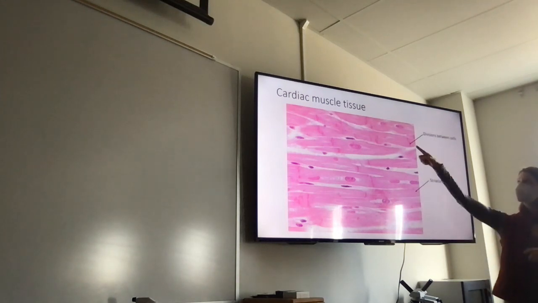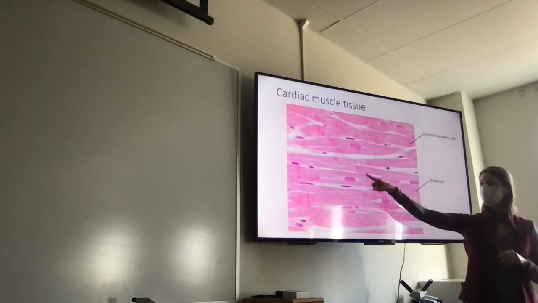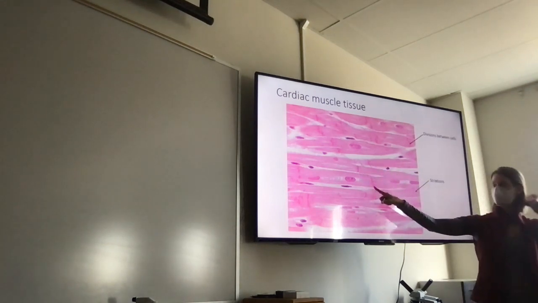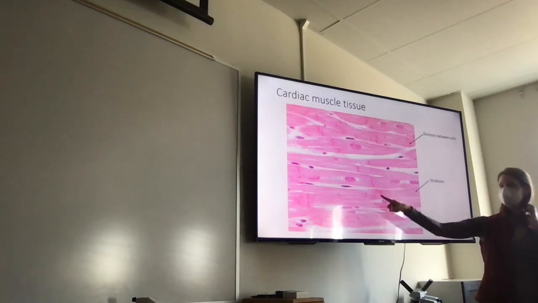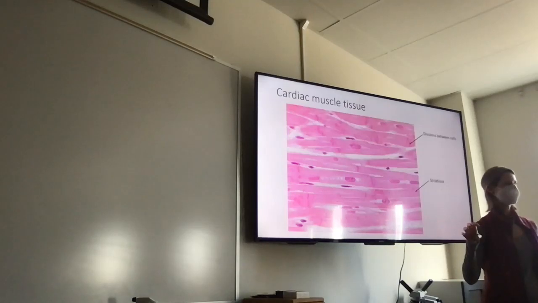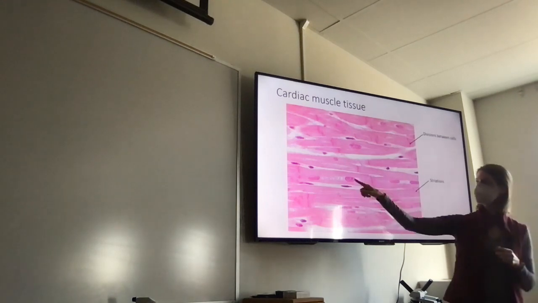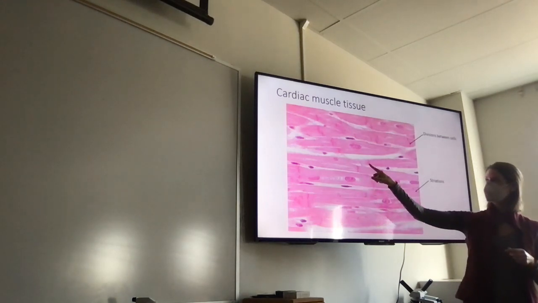And then you also have divisions between cells that are really obvious. So these vertical bold lines are borders between individual cells, which you don't really see in slides of skeletal muscle. And you can see the nuclei very well.